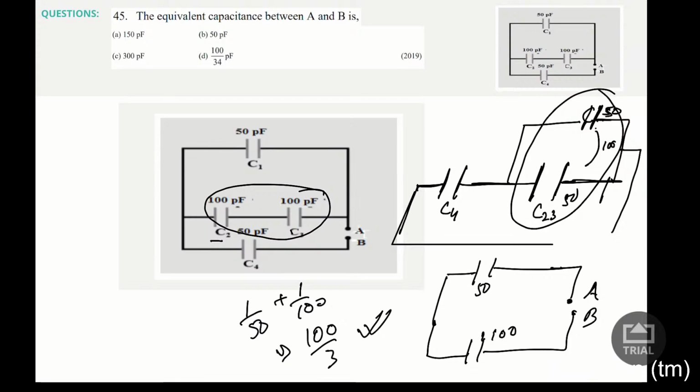Everybody get it? Got it? Let me have some water. Everybody got it? Anybody has doubt? Do tell me. I'll go a bit more slowly and explain. Got it?